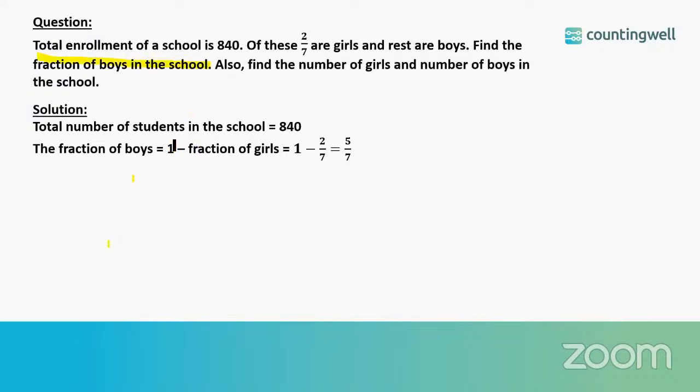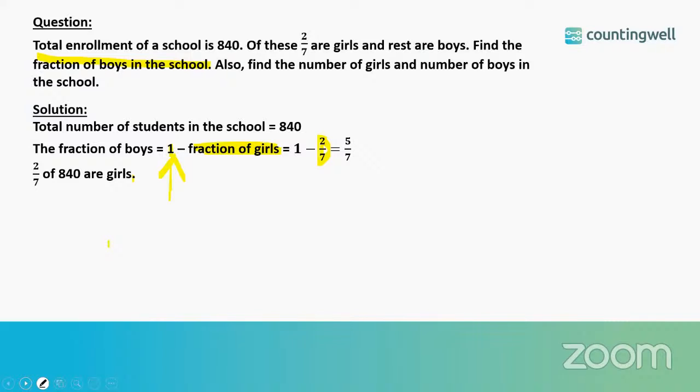So we are subtracting the fraction of girls from 1 as we consider total or whole as 1. So we'll subtract fraction of girls from the number 1. Given is fraction of girls, which is 2 by 7. So if we subtract 2 by 7 from 1, we get 5 by 7. So fraction of boys is 5 by 7.